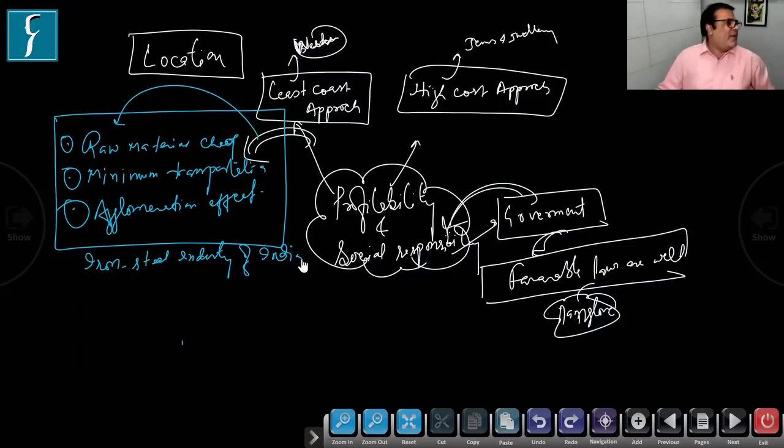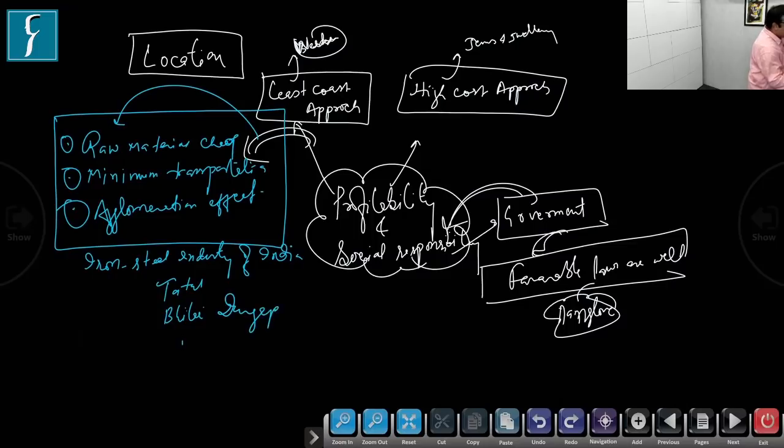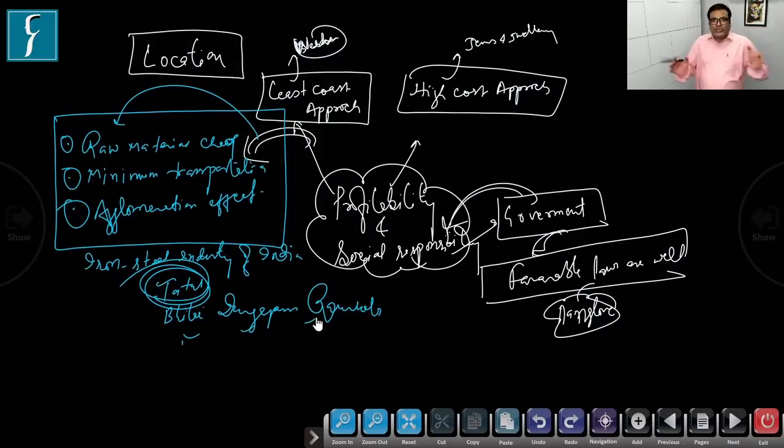But at the same time, when we talk about Tata Jamshedpur, Bhilai, Durgapur, Rourkela, the very obvious question is why Tata became so successful and the others were not so successful. And many a time these are struggling to make a high amount of profit.